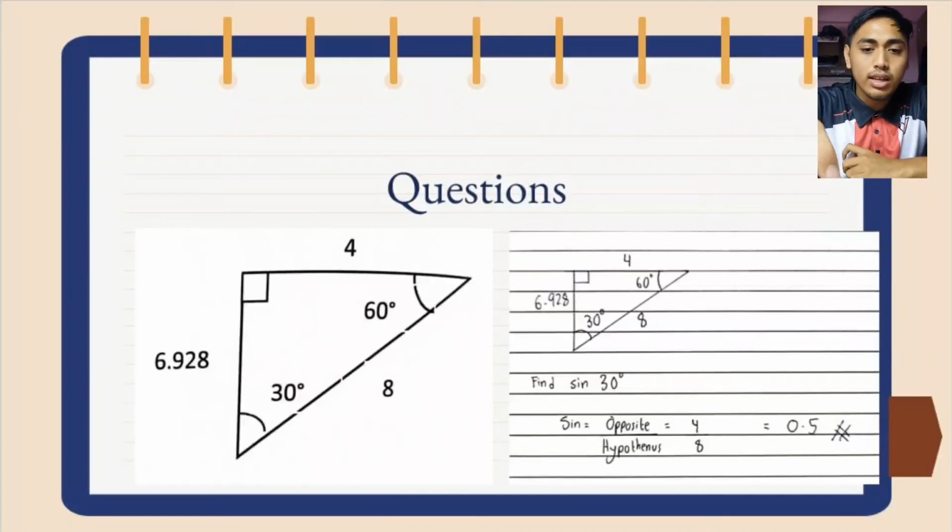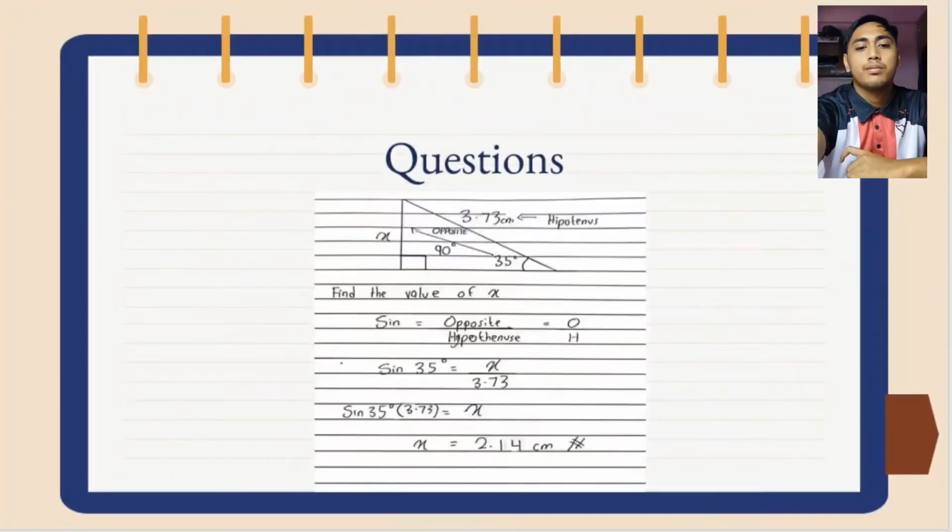So sine 30 equals opposite over hypotenuse. Opposite is 4 and hypotenuse is 8, because it is the longest side of the triangle. 4 divided by 8 is equal to 0.5. So sine 30 is equal to 0.5.